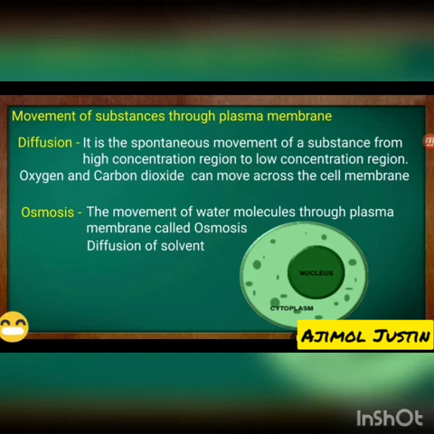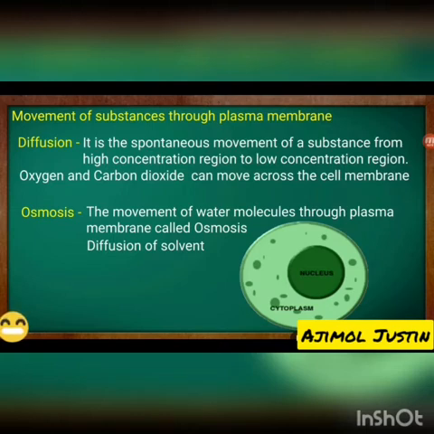The molecules move from a region where there is high concentration to a region where there is no perfume at all. Right? So this is called diffusion. Spontaneous movement of substance from a region of high concentration to a region of lower concentration.